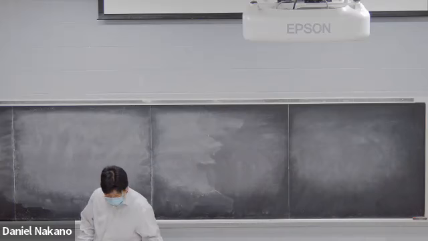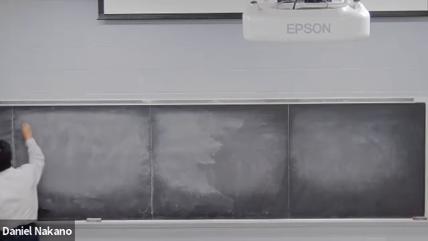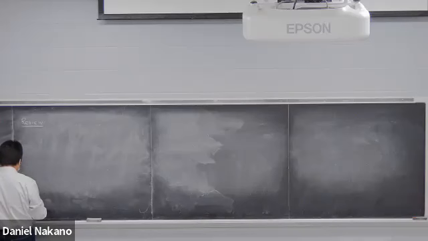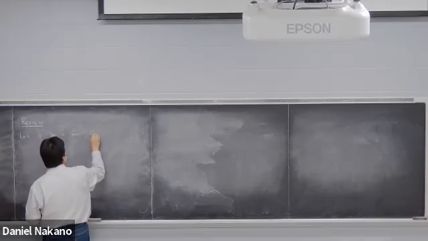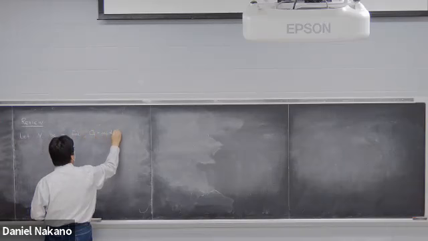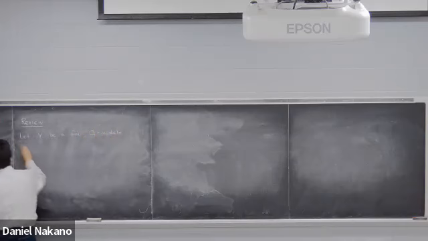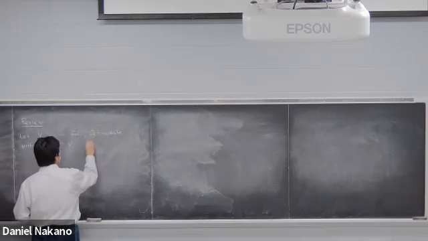Okay, so let me recall. Let's do a little bit of review. Last time we had the character formula for the tensor product. So let B be a finite dimensional G module, with projection onto the block of lambda equal to B. So all the components are in the same block.